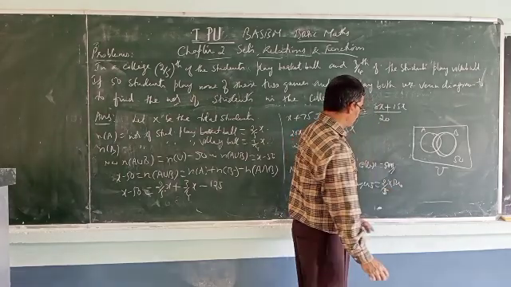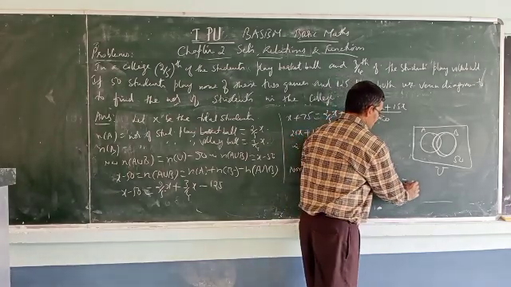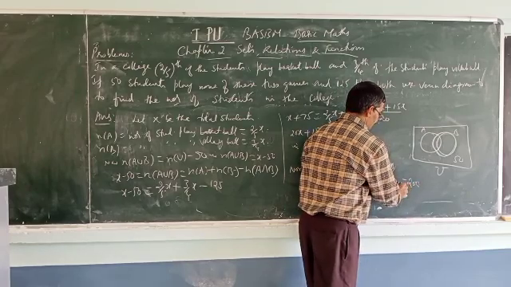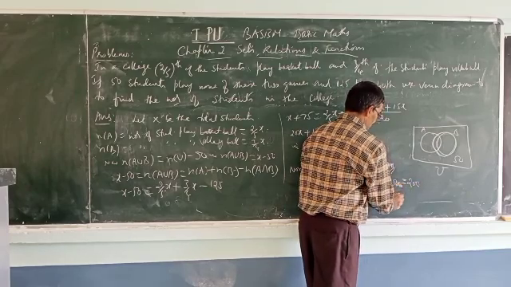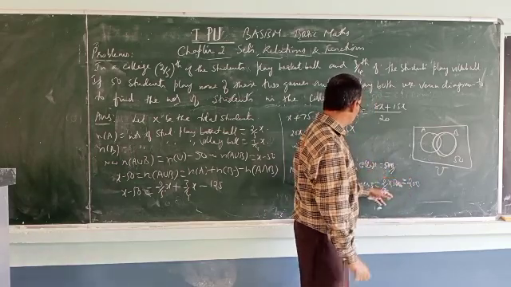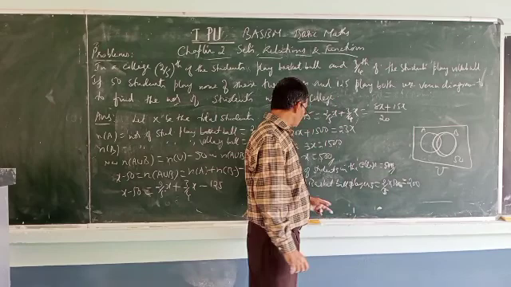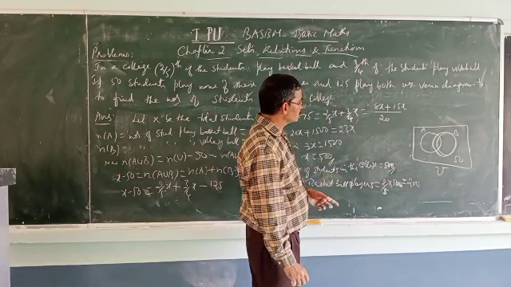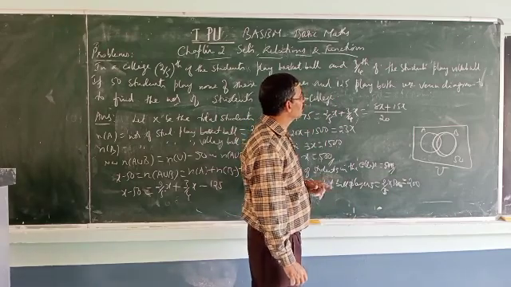This is how much? 200, correct? 2 by 5 into 500 equals 200. So there are 200 who play basketball.